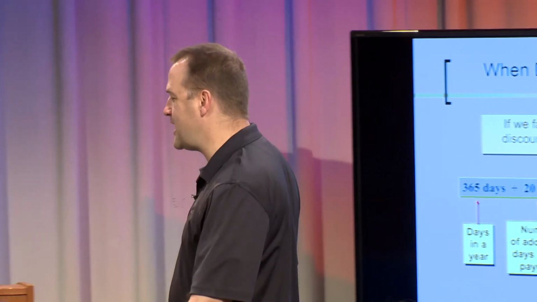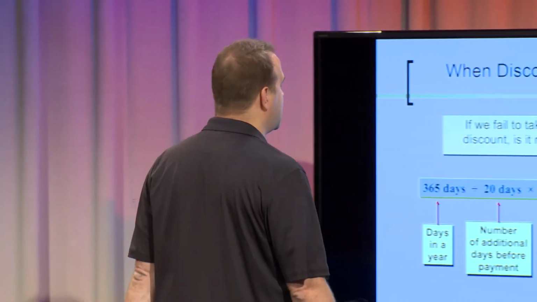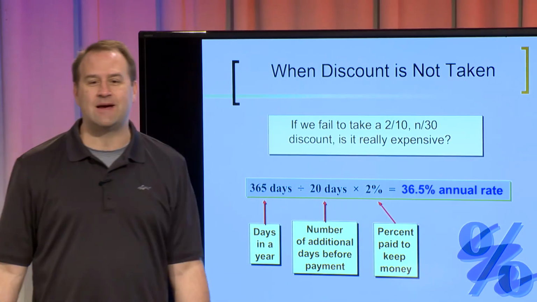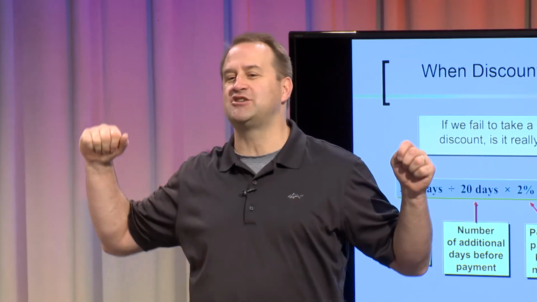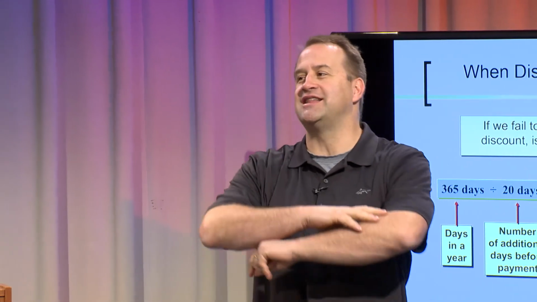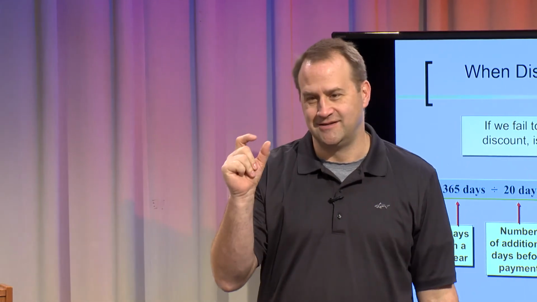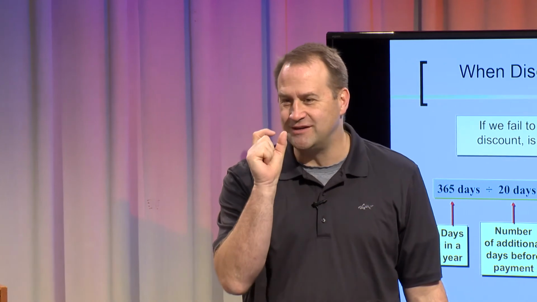Or do you have a friend that you know that if you are all going to meet at Applebee's for dinner at 6 o'clock, your friend is not going to be there till 6:15? Do we know those people? Well, those people work at companies. And sometimes a common reason for missing that discount period is not so much laziness, not so much procrastination, it's just that they're always a little late.